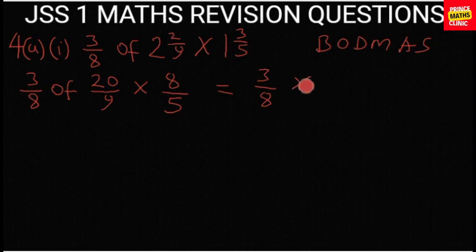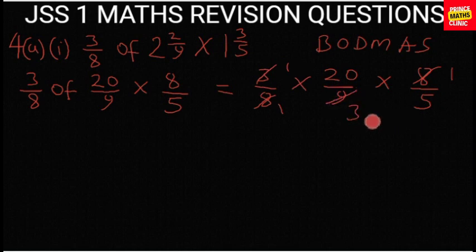3/8 times 20/9 times 8/5. 8 in 8, 1. 8 in 8, that's 1. 3 in 3, 1. 3 in 9, 3. Good. So 5 in 5, 1. 5 in 20 is 4. So 1 times 4 times 1 is equal to 4.